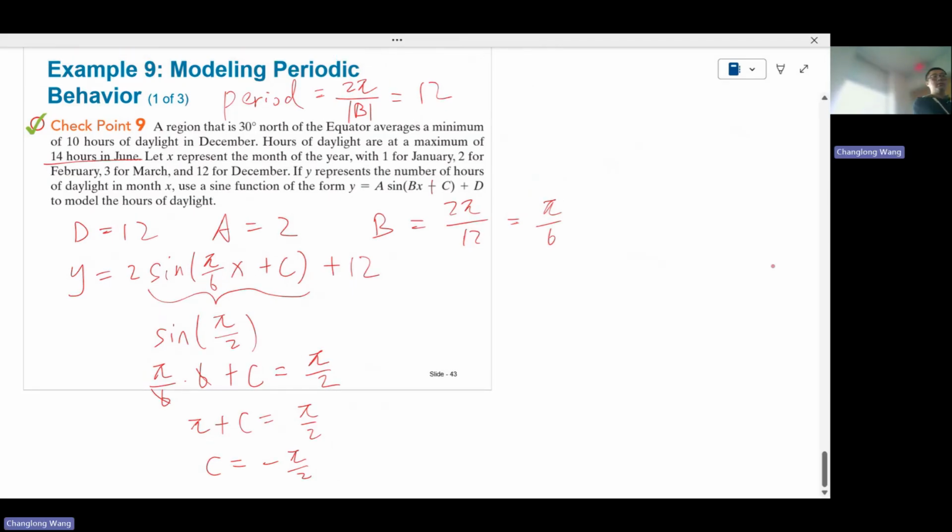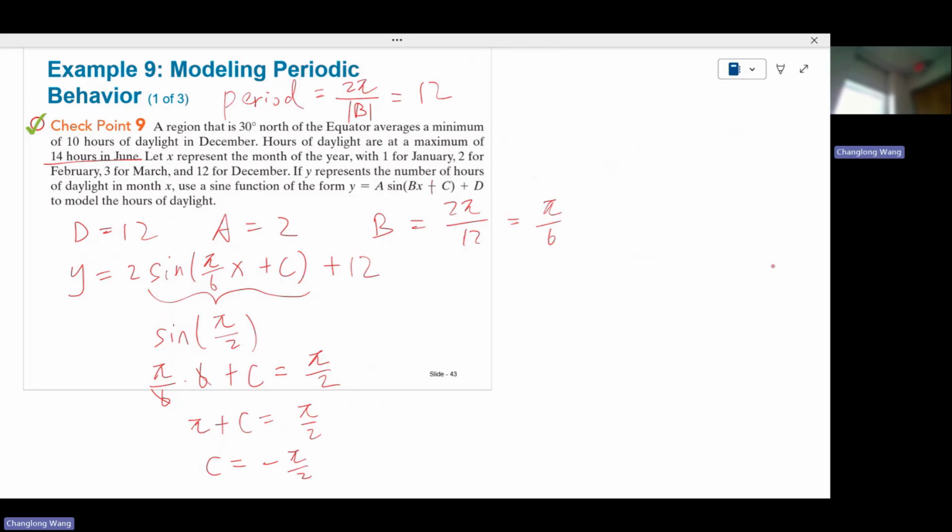So I think that's not really as bad as you typically think about a word problem, right? Because the model is easier than you thought when you're trying to use it. It's just that maybe some of the details when it comes to period and phase shift might not be that straightforward. But I'm sure that you should get the constants A, B, and D figured out just by reading it, right?